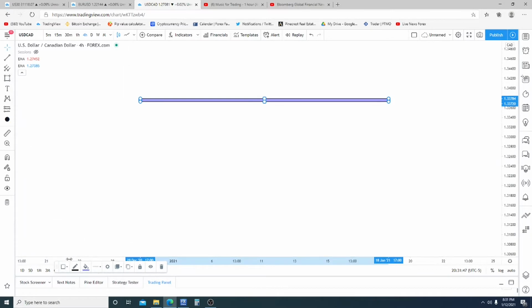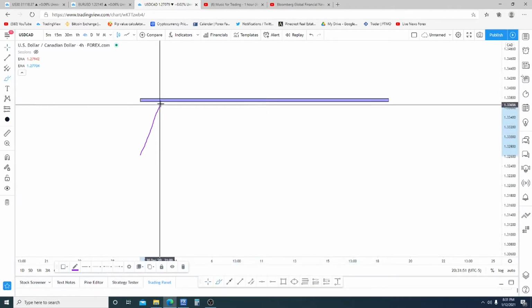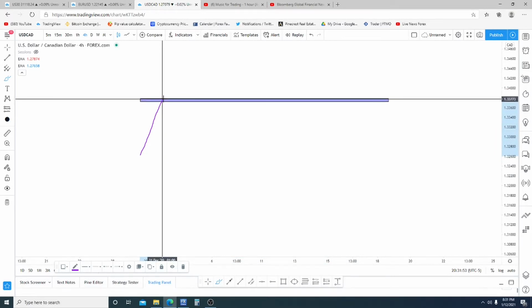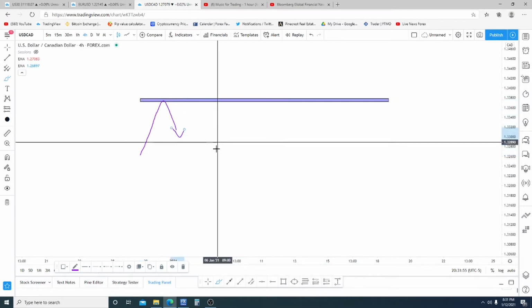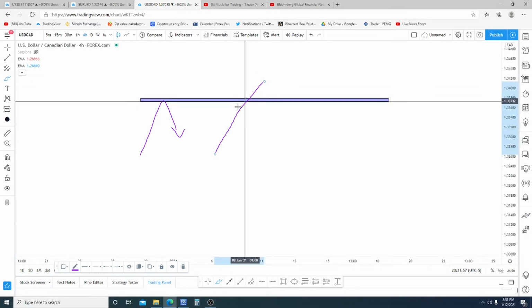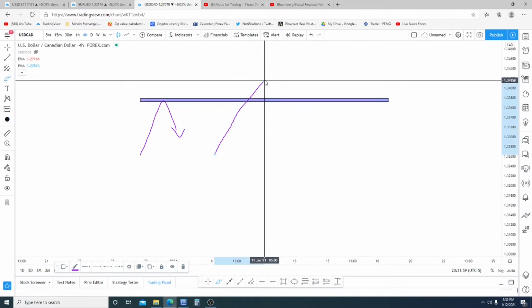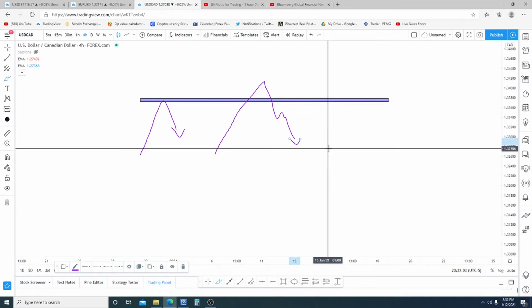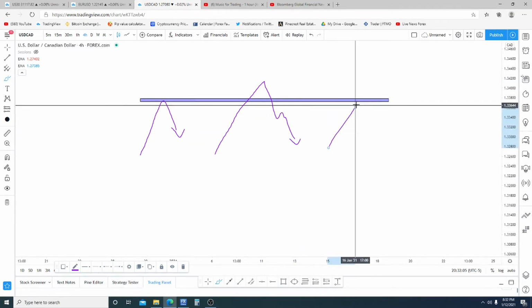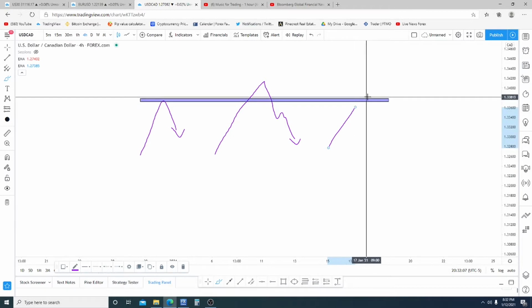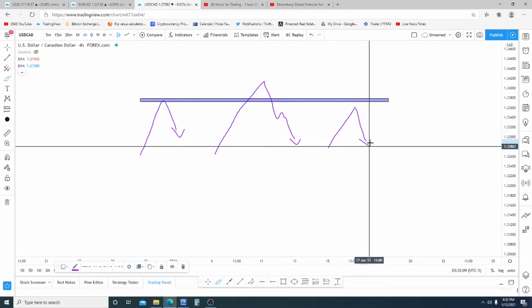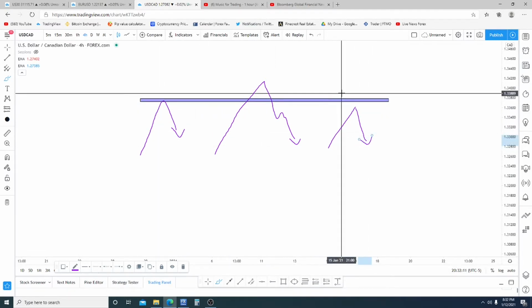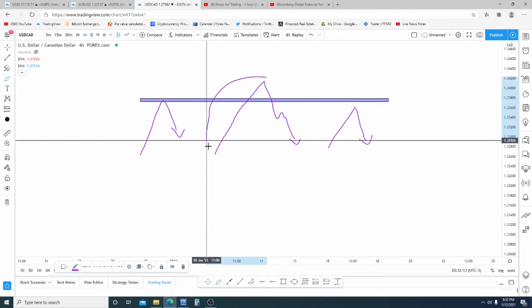Either price comes, reacts and rejects off this level and continues down, or it goes up, breaks this level of resistance, comes back down and continues lower, or price just gives us a gapper. It wouldn't necessarily touch this level of resistance and it will continue to go lower.